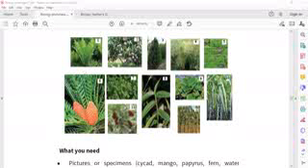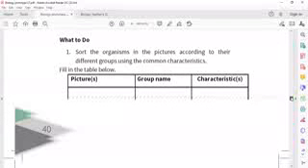Okay, using those features, we have been able to answer part of the question. We are sorting the organisms in the pictures according to their different groups using common characteristics, and then filling in the table.